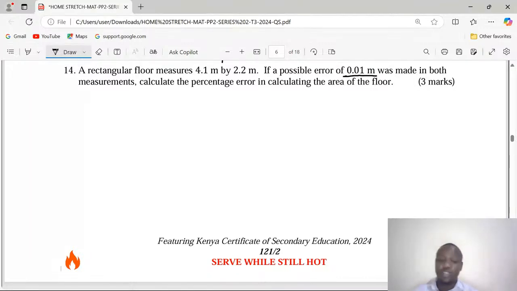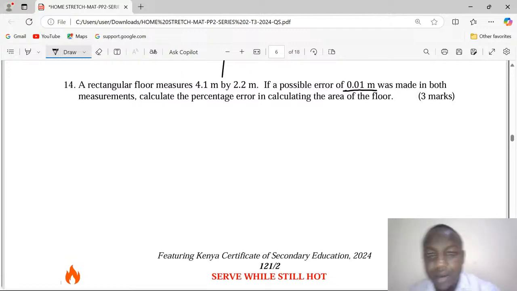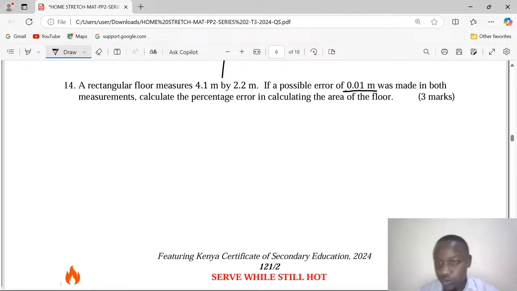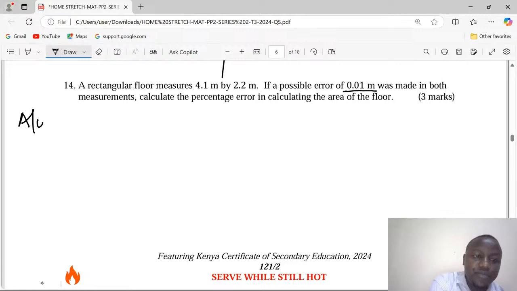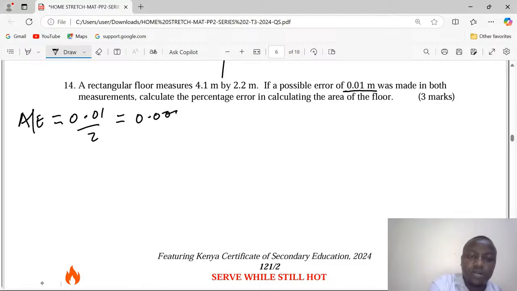Let's look at this question now. We are told that a possible error was made, so the possible error should be divided by 2. It means it was measured to an accuracy of 0.01. Therefore, we take an absolute error in all the measurements of 0.01 divided by 2, 0.005.